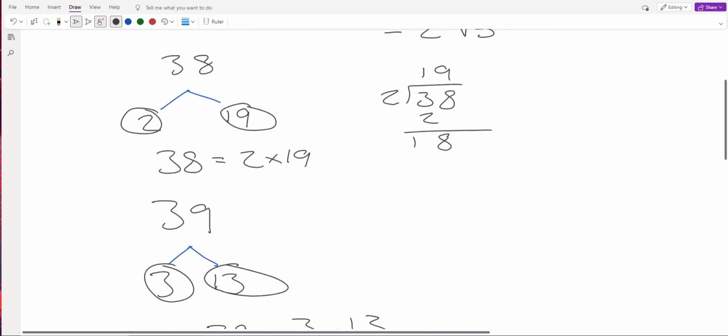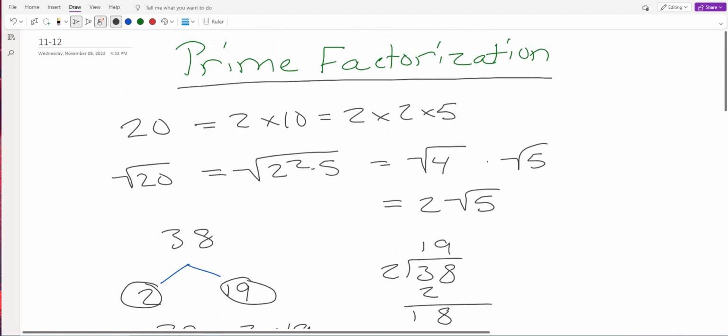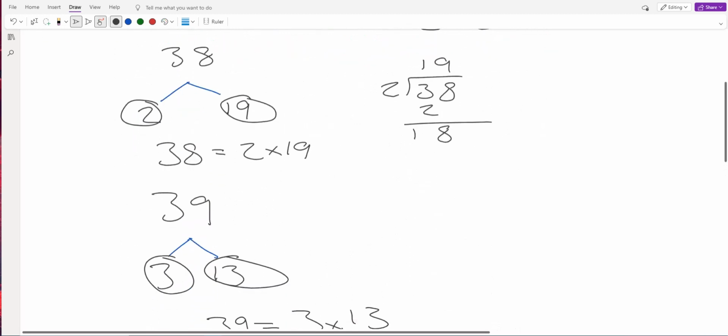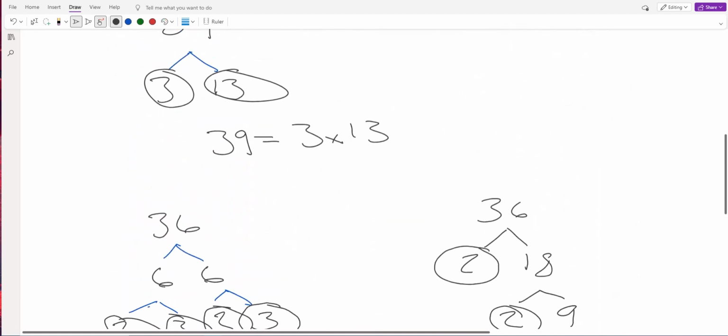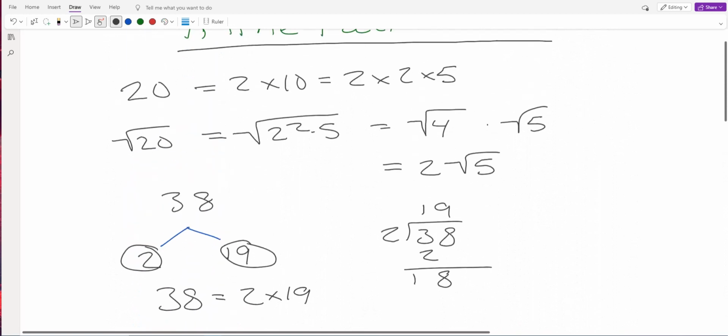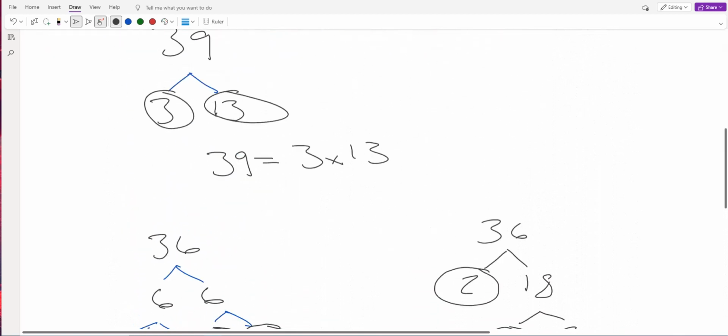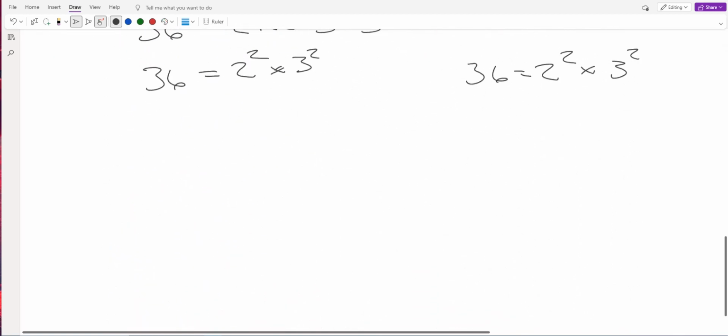Knowing your prime factorizations is also really helpful for reducing fractions, as you can see immediately what they have in common and then cancel those out. And so if we did 20 over 36, we saw earlier that 20 was equal to 2 times 2 times 5.